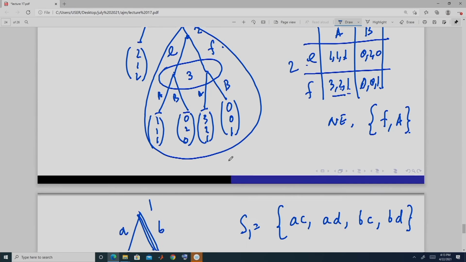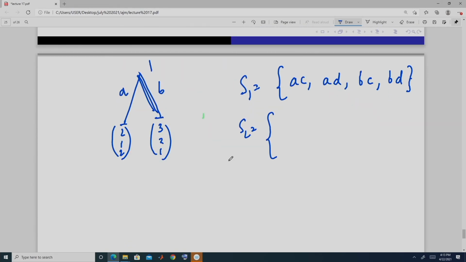So, its strategy profile has 3 nodes or 3 different information sets, so 3 contingencies.